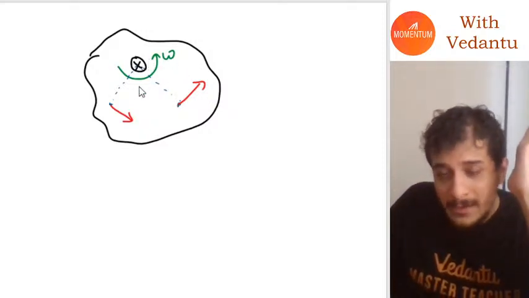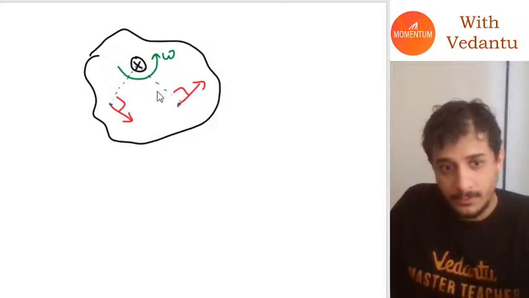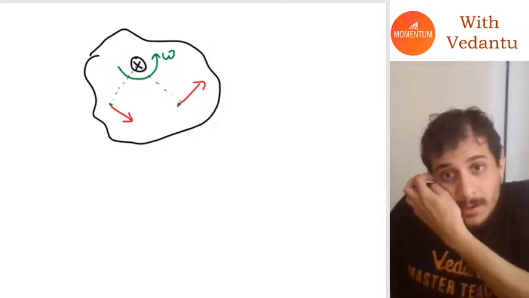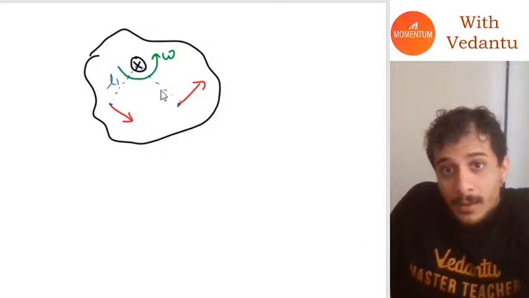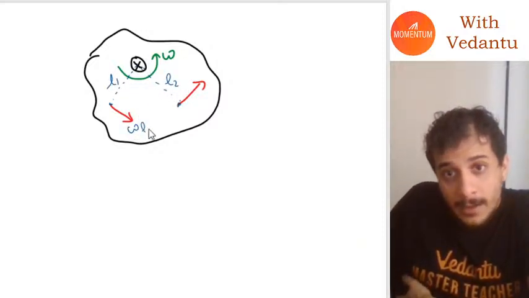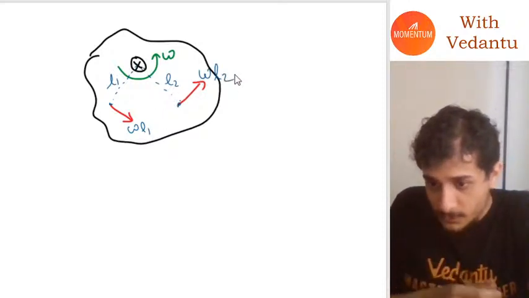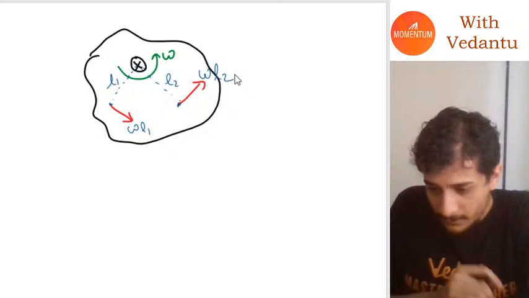Both points will move tangentially, such that these angles are 90 degrees. If the distances were L1 and L2, their velocities will be omega L1 and omega L2. I hope everybody understood.